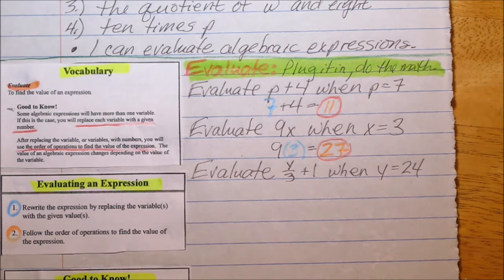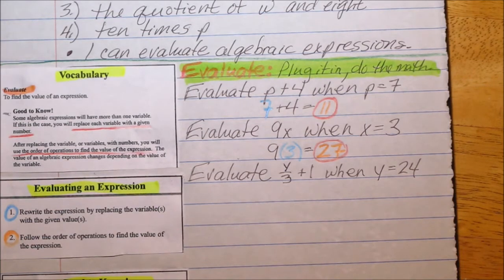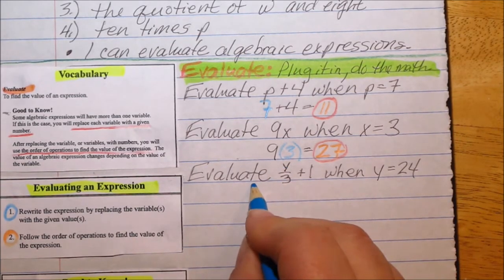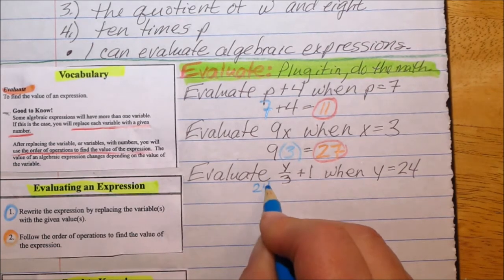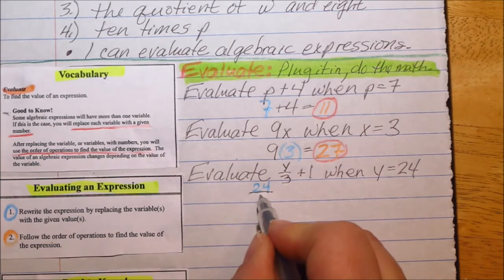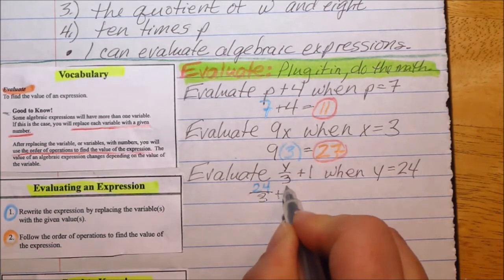It's still the same exact steps. First step is to rewrite this expression, plugging in the value for the variable that they give us. Right? So in this case, y is 24. So now I have 24 divided by 3 plus 1.